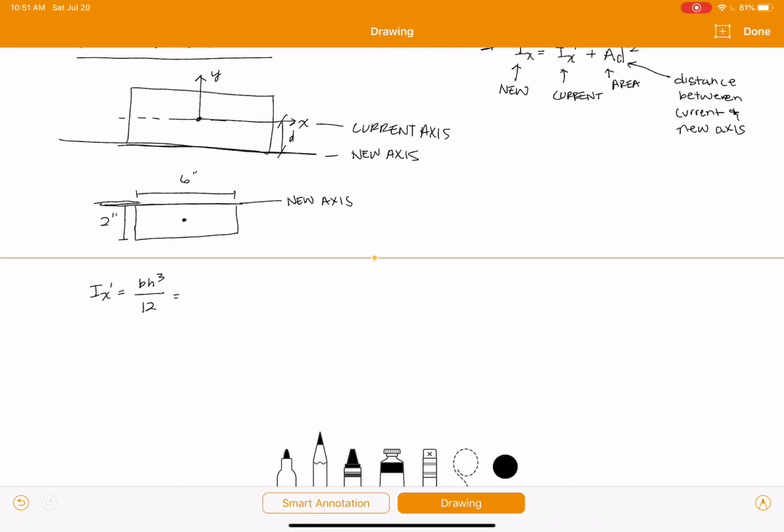And in this case, b is going to be the dimension parallel to x. So x is here, parallel, so that's going to be 6 inches, times h, the other dimension, so 2 inches cubed, all over 12. Plug that into your calculator, and you'll get 4 inches to the 4th.